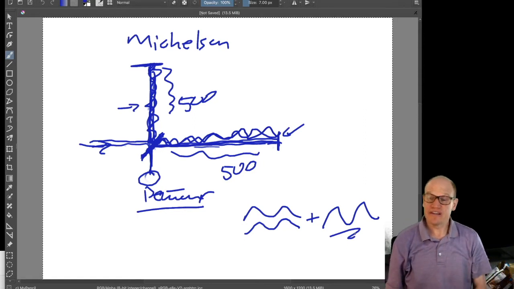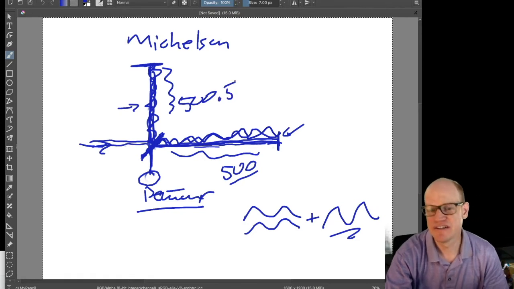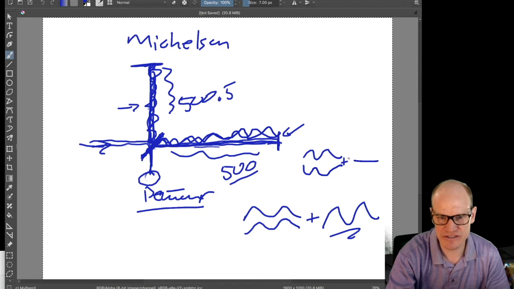If, on the other hand, this arm has 500 wavelengths and this one has 500 and a half wavelengths, then one beam is going to come back into the detector like that, and the other beam is going to come back into the detector like this, and when you add those together, you get nothing. These two things added together give you something that adds coherently.